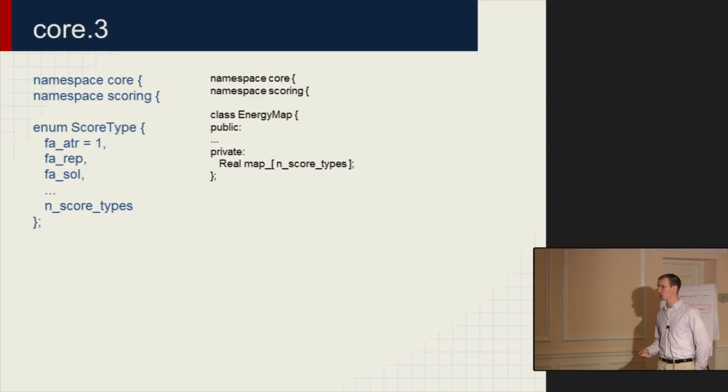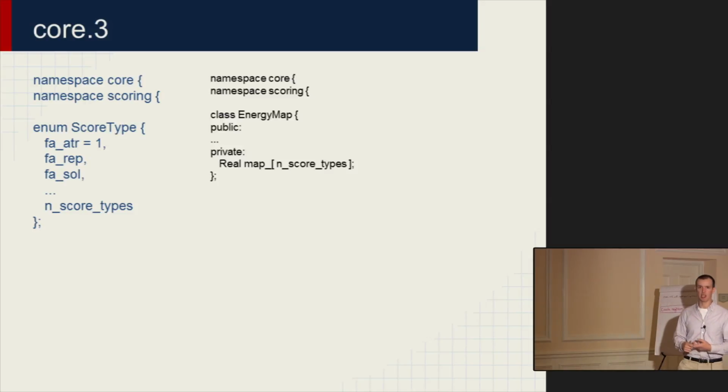The purpose of this array is so that something that calculates an energy, like the E-table energy, that class can return multiple score terms in one go.